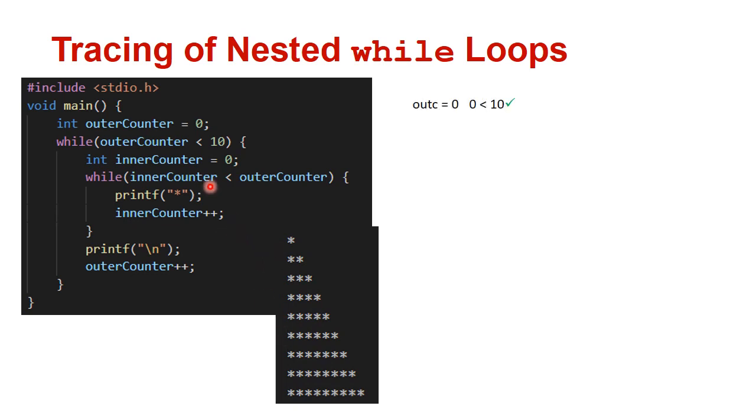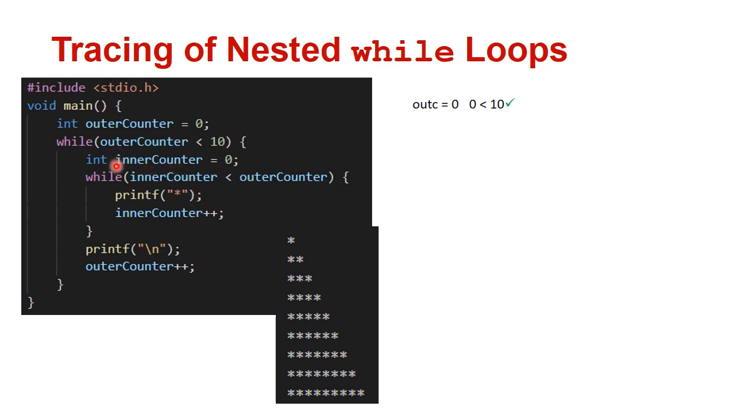First, I will use outC for outer counter, and inC for inner counter. So first, outer counter is equal to 0. Now check the condition. 0 is less than 10. Condition satisfied. So we can go inside the inner while loop.